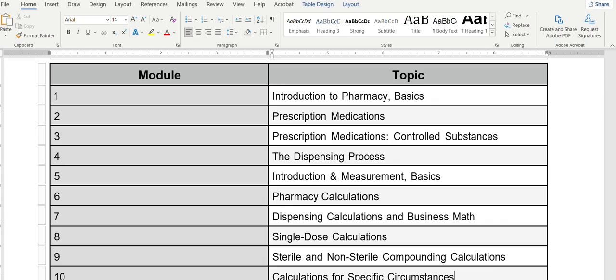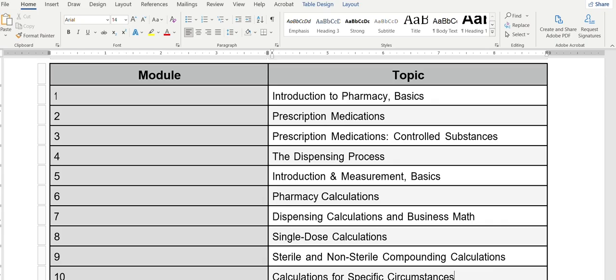It started from Egypt. So during your lectures, you will see all of that. Now, some other lecturers will be taking prescription to medication control substances, and we also have the dispensing process.